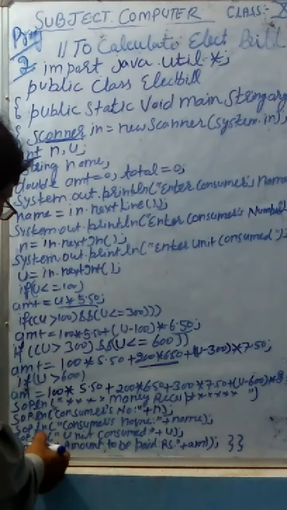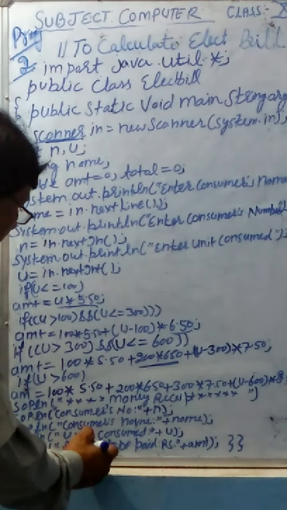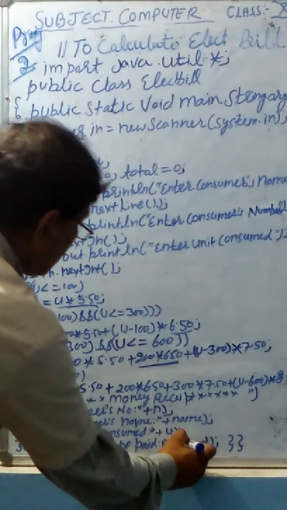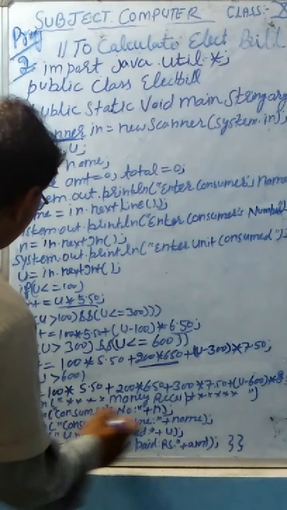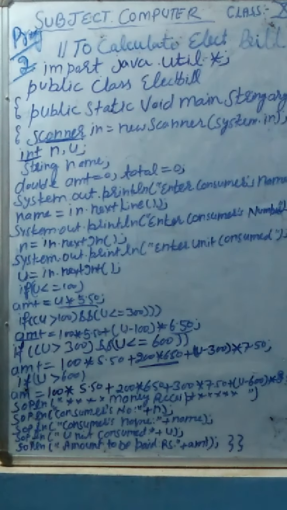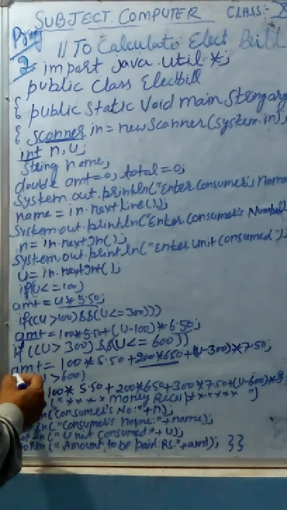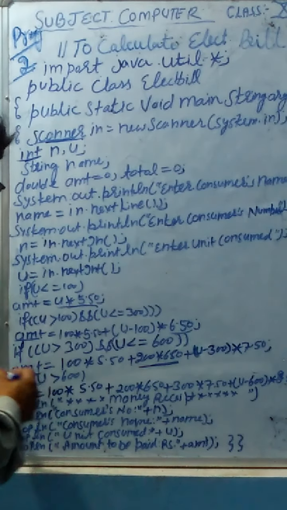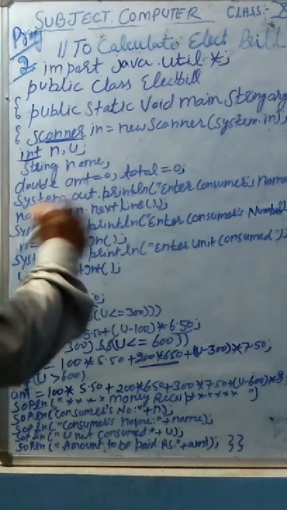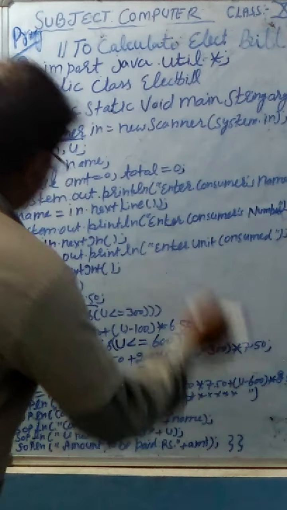And then after that you will write the amount to be paid in double quotes, and then for the amount you have to use here amt. Final will be this one. Okay. Now after that you will close the brace.